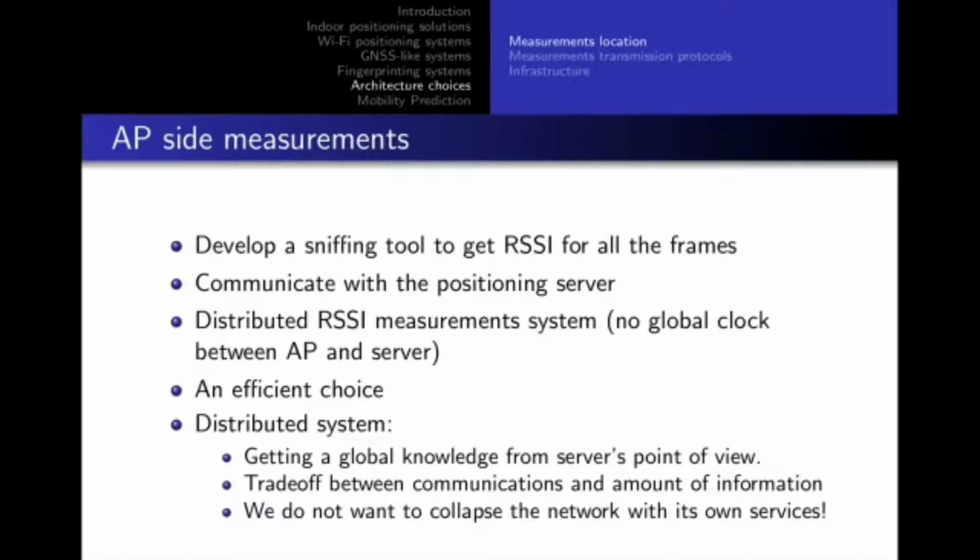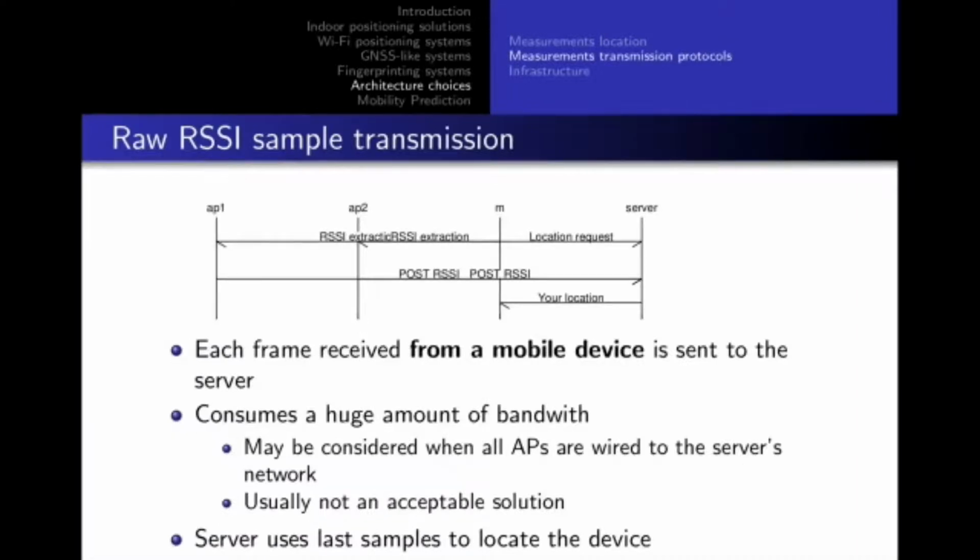So we want as much information as possible to improve the accuracy of the algorithm, but we don't want to collapse the network with its own services by sending a lot of samples from the access points to the positioning server, which would be counterproductive for the system. That's why I will propose you several protocols to aggregate the samples from all of the access points.